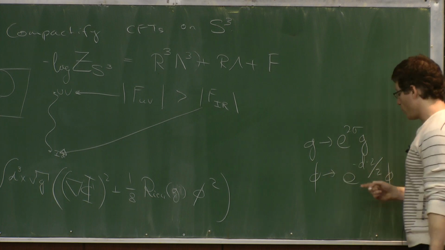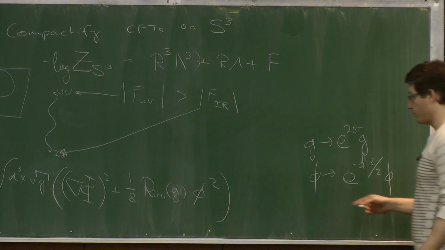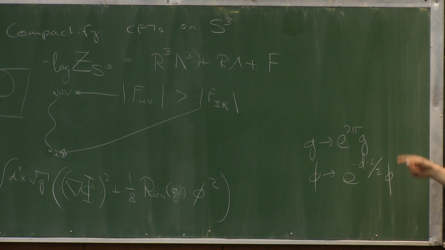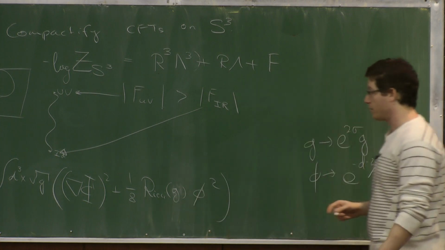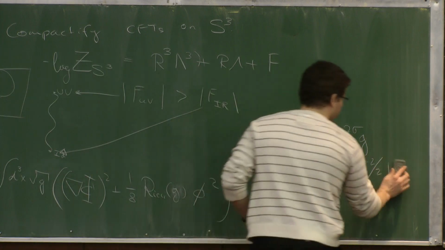To preserve Weyl invariance, on a general manifold you need to add this Ricci term, which of course vanishes in flat space. But on the sphere, this is a constant, so it needs to be included. Okay, so the idea is to compute the partition function of this object, and because it's a quadratic theory, you do that quite easily.